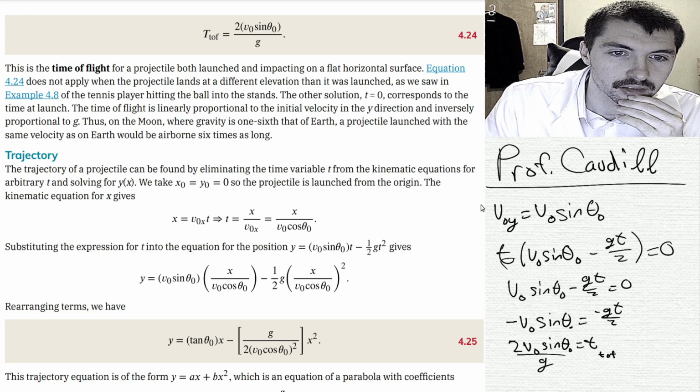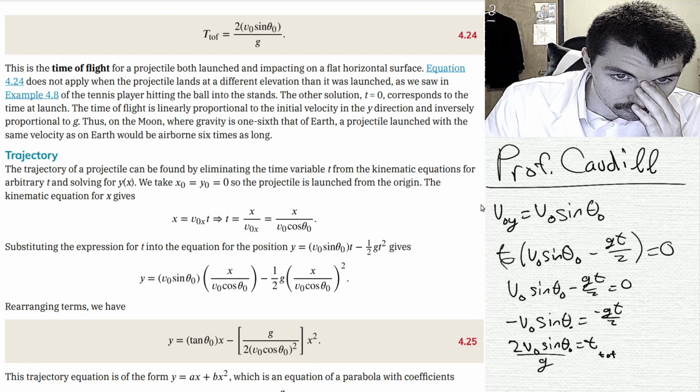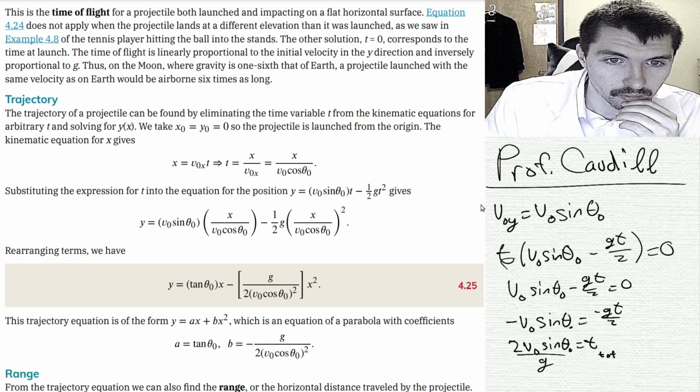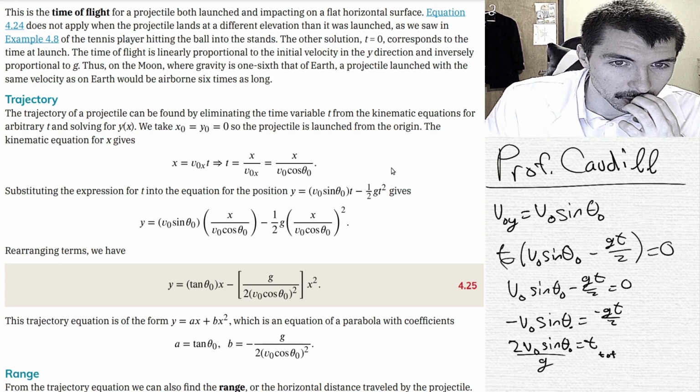Trajectory. x is v naught times t. Replacing this with that, so t is x over v naught cosine theta.